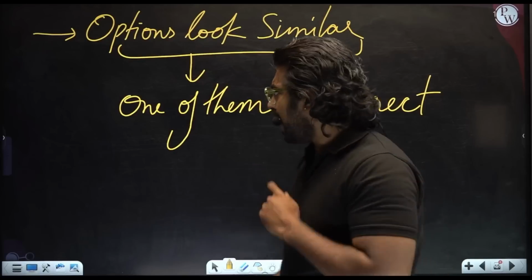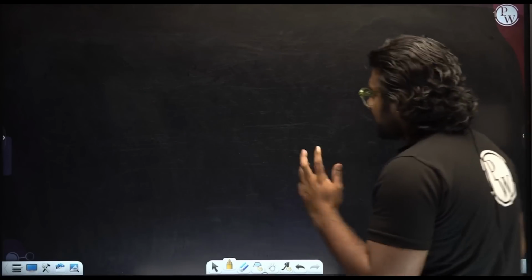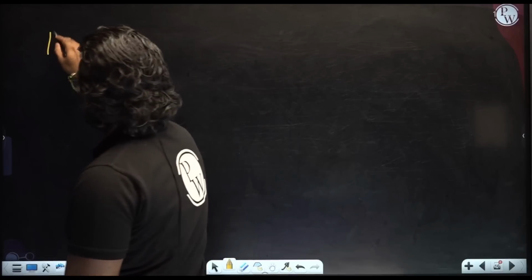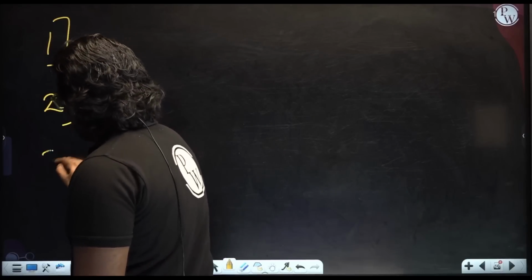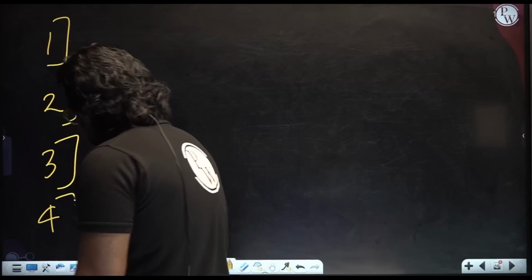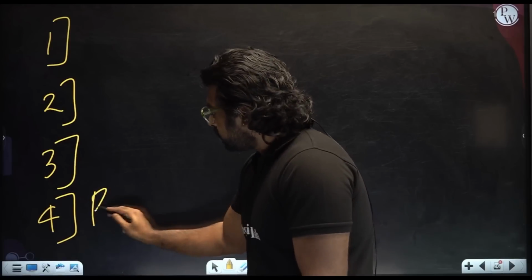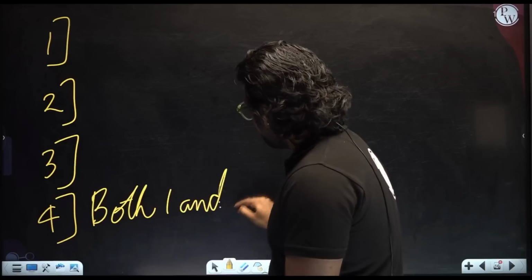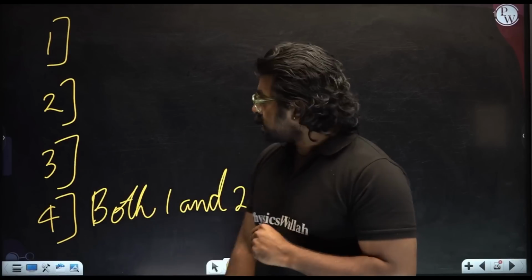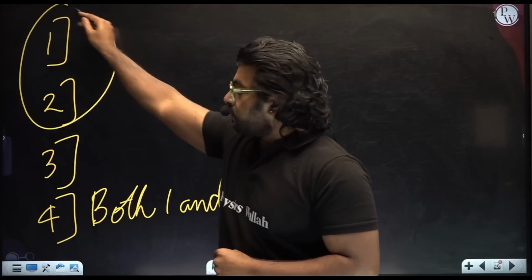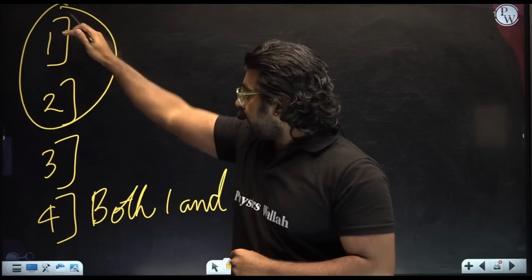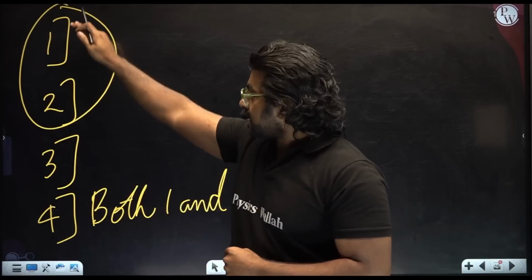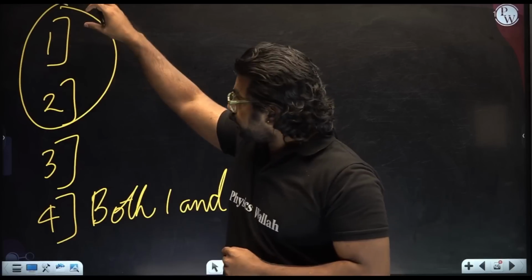And one more trick I have, which I generally use. For example, I have 4 options, option 1, option 2, 3 and 4. So let's suppose option 4 is both 1 and 2. So the first thing that I'll do is, I'll check these options 1 and 2. Both of them should be correct to get option 4. So I'll start checking or eliminating the option from 1 and 2.